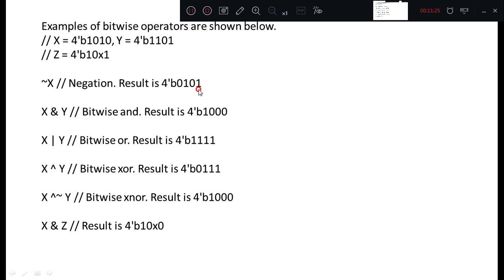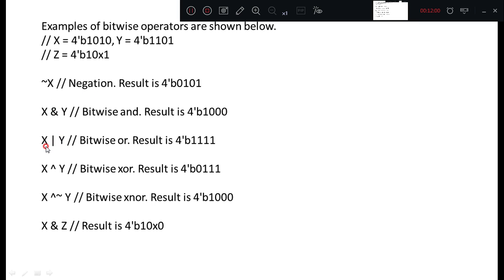So bitwise negation is done, and if input x is 1010, you will get output 0101. X and y, bitwise AND: MSB 1 and MSB 1 give 1. Remaining bits 0 1, 1 0, 0 1, so all remaining output bits will be 0.